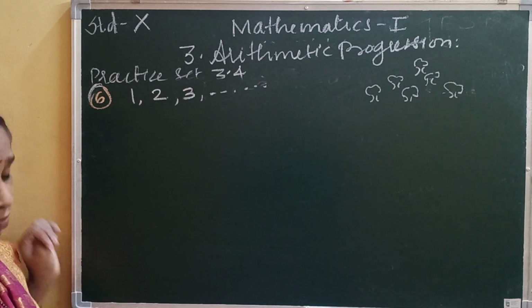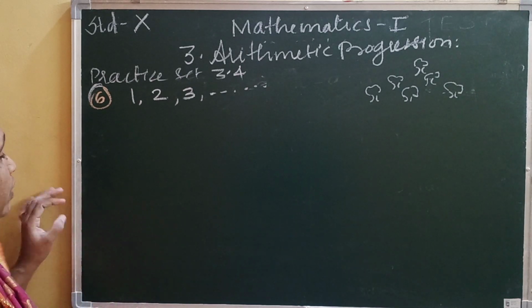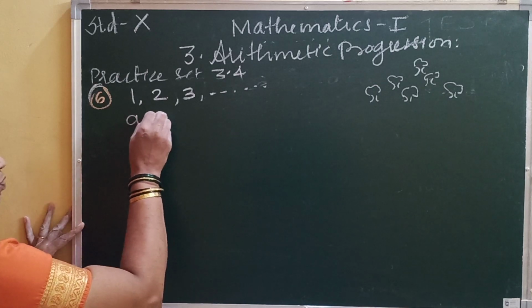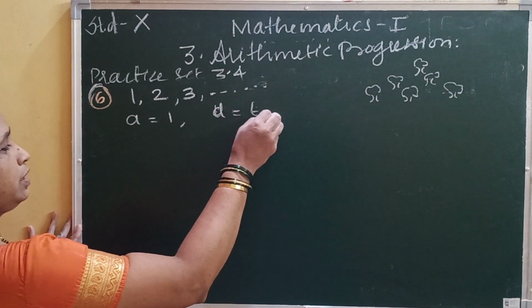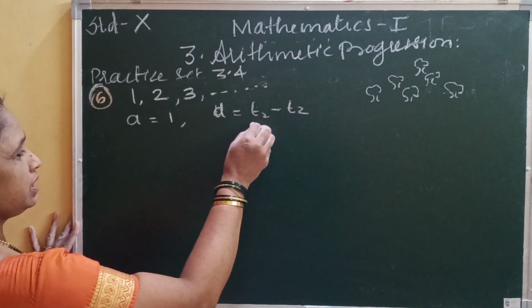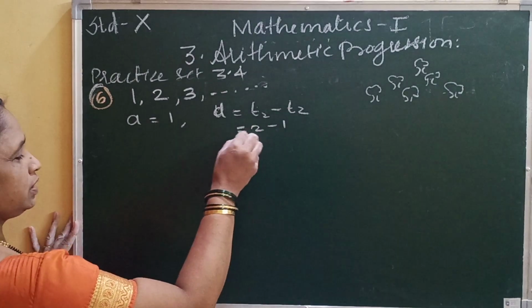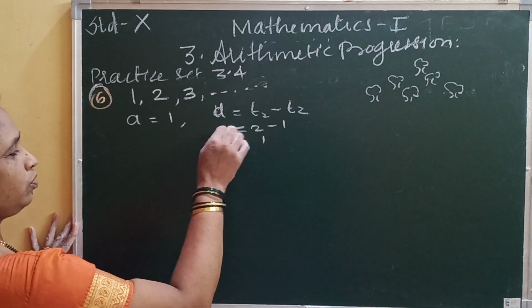So here A is 1, and difference D will be T2 minus T1, means 2 minus 1, which is equal to 1. D is equal to 1.